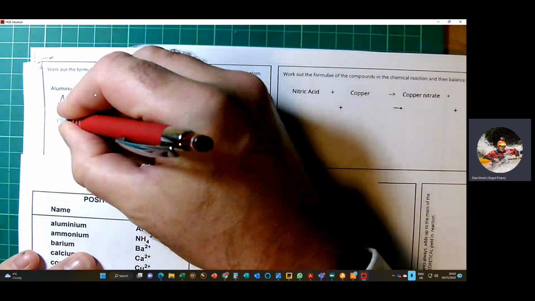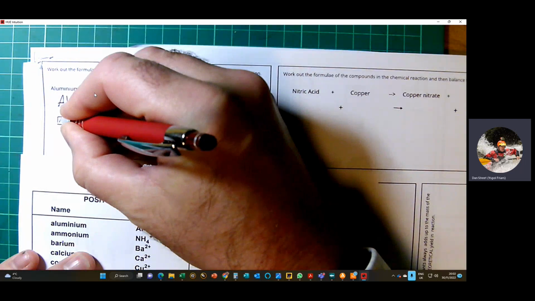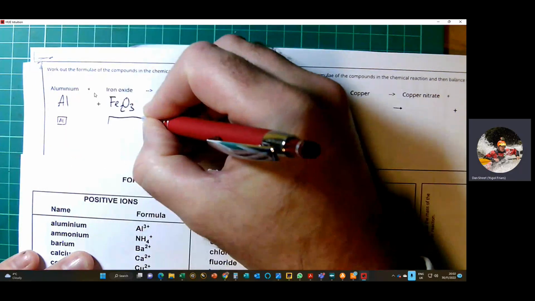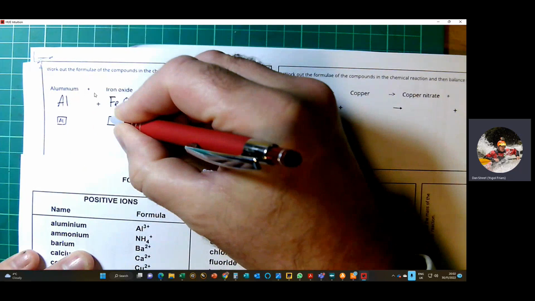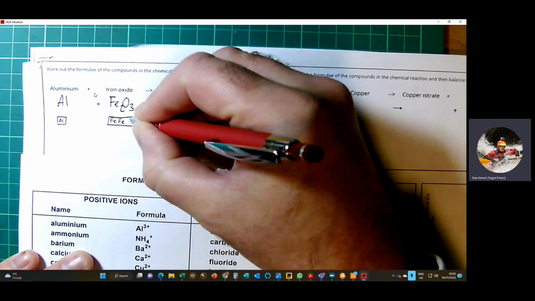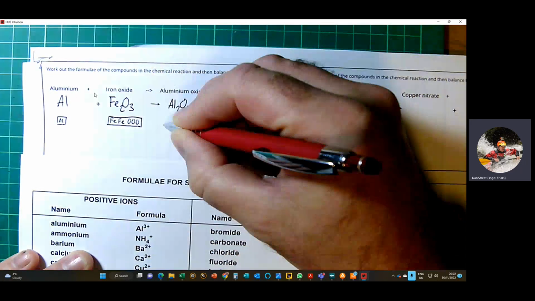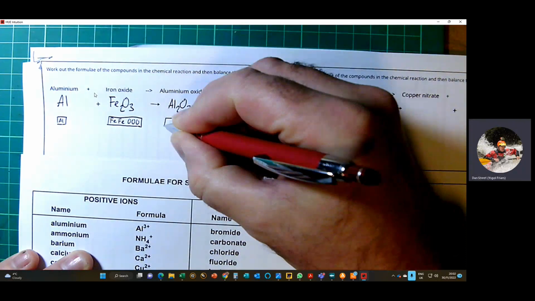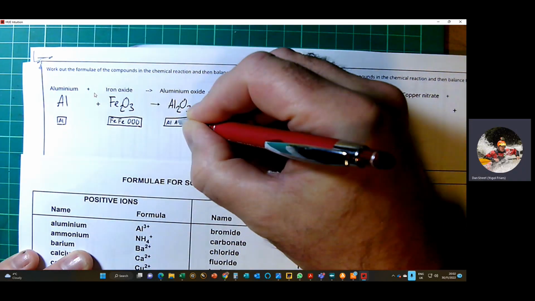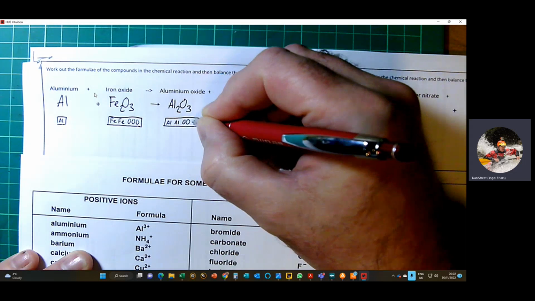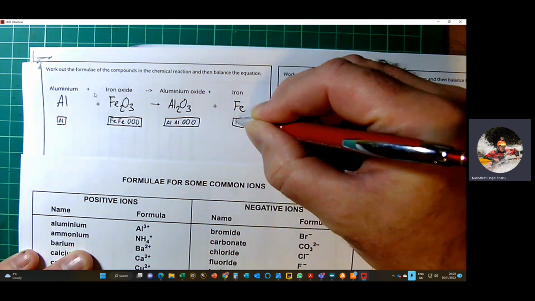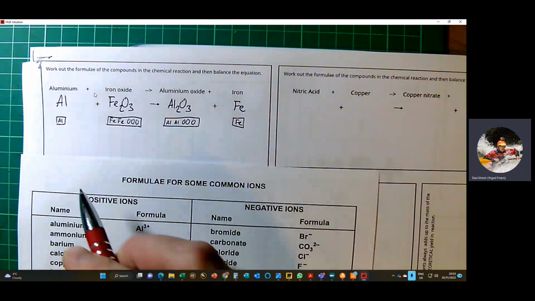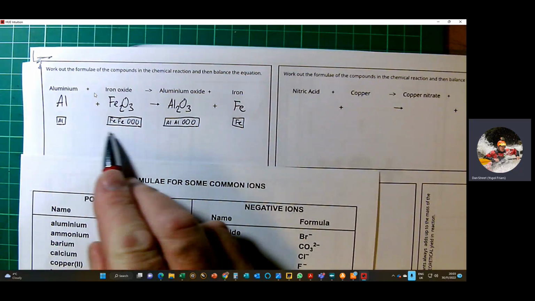So again, if we adopt the boxes method, we've got aluminium, bigger box this time. So we've got Fe, O, and here we've got Al, O, and we've got Fe. So this time we've got 1 aluminium there, but we've got 2 here.